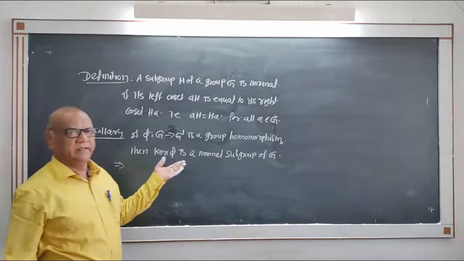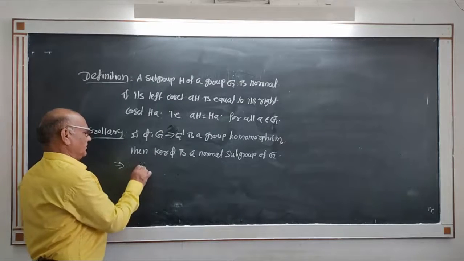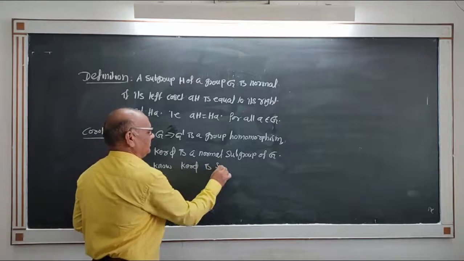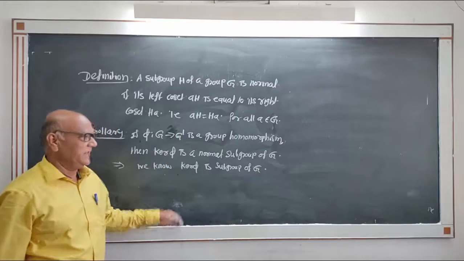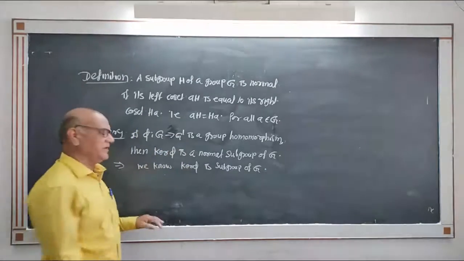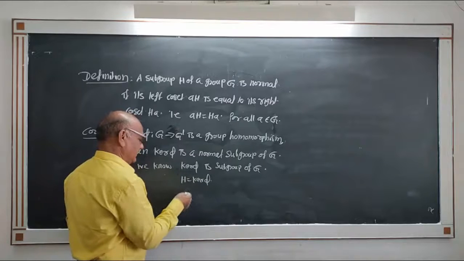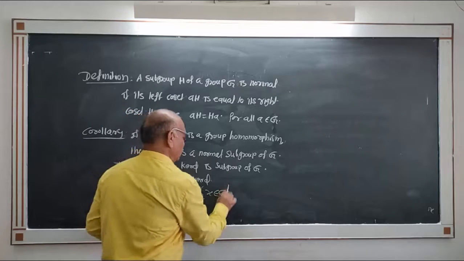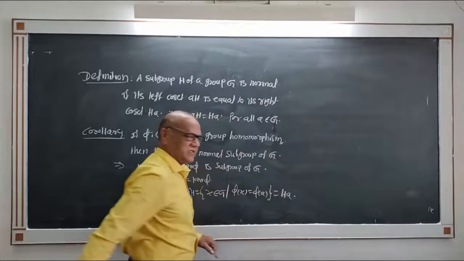Here, in the previous lecture, we saw kernel phi is a subgroup of G. And by the above theorem in this lecture, if H is equal to kernel phi, then we see aH is equal to {x belongs to G, phi of x is equal to phi of a}, and this is also equal to Ha.